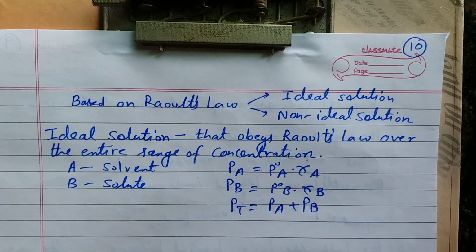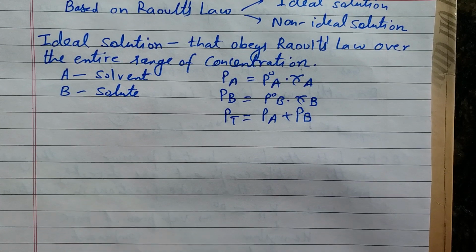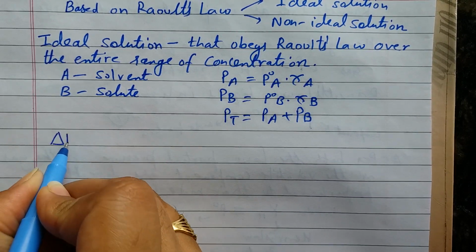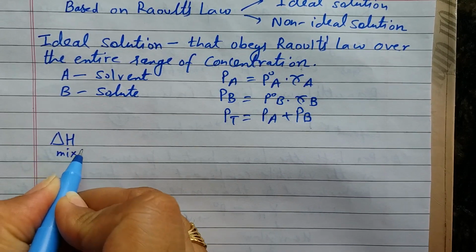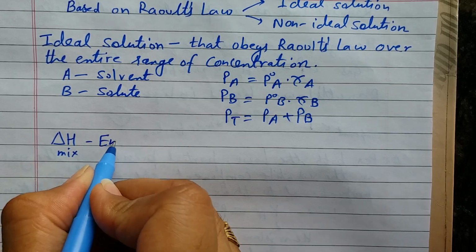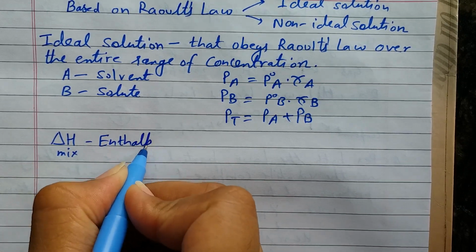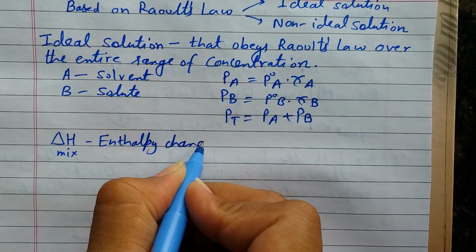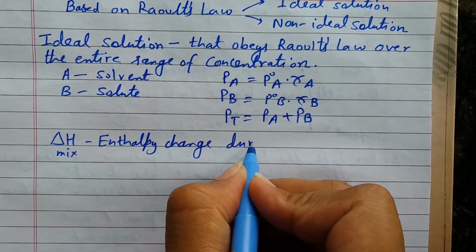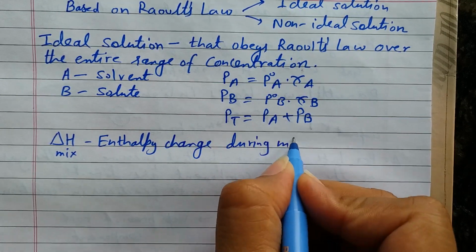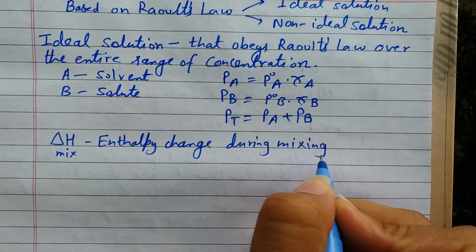Now, when these ideal solutions are formed, it is observed that delta H mixing is 0. What is delta H mixing? It is the enthalpy change during mixing, when you mix the components and make the solution.